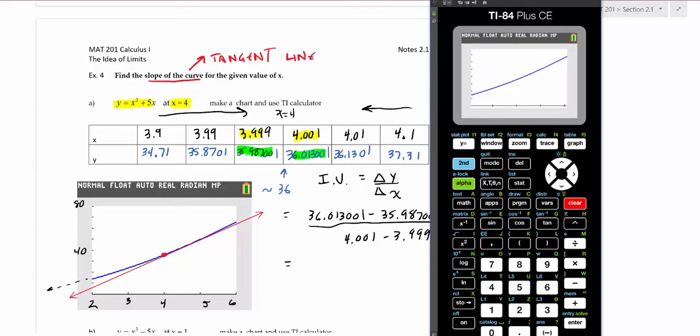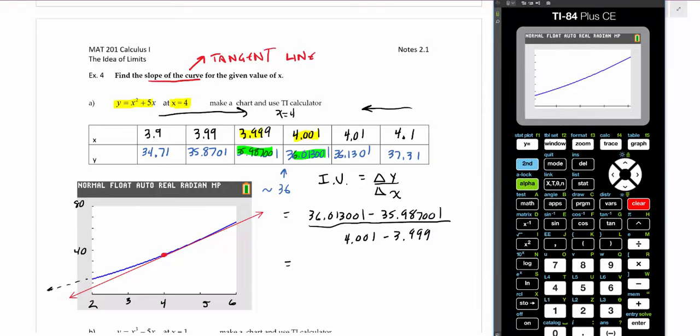Okay, on a clear screen, let's do the numerator, 36.013001, and subtract 35.98701, and record that. That's going to be about 0.026.